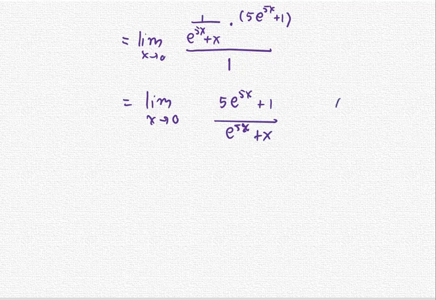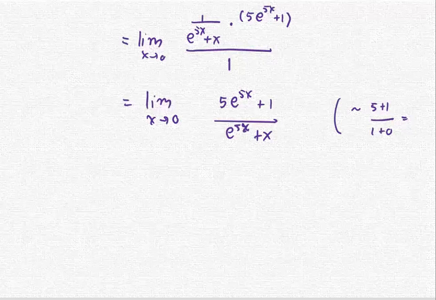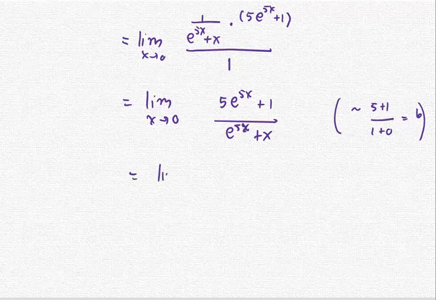Check the indeterminate form. As x approaches 0, the numerator approaches 5 times 1 plus 1, which is 6, divided by e to the power 0, which is 1, plus 0. So overall, it approaches the value 6, which is the limit of the natural log y as x approaches 0.